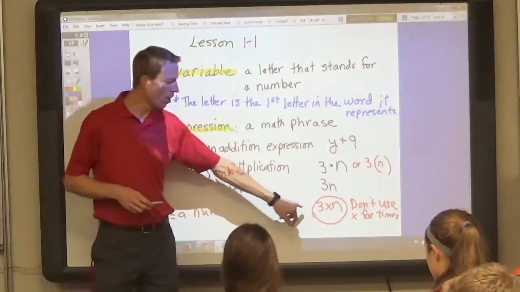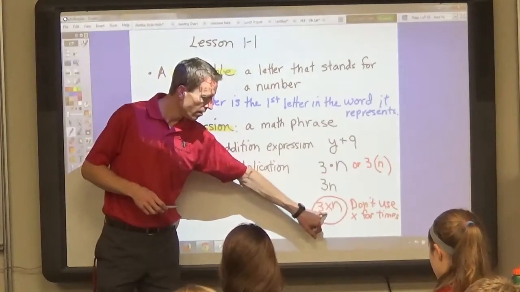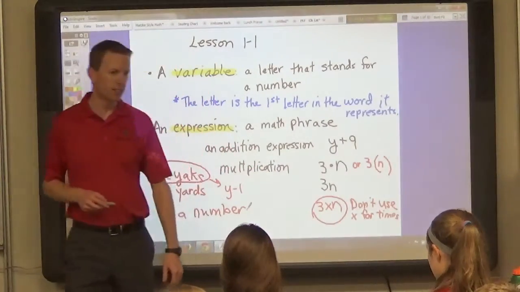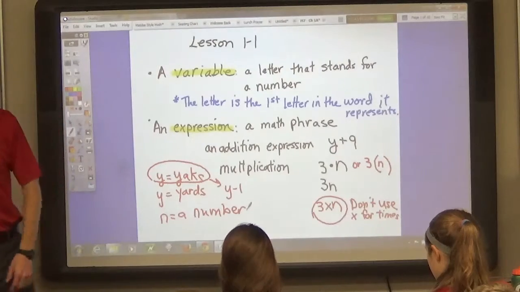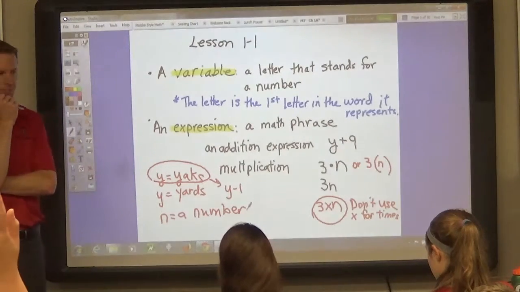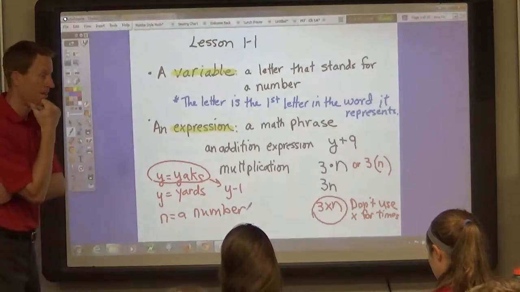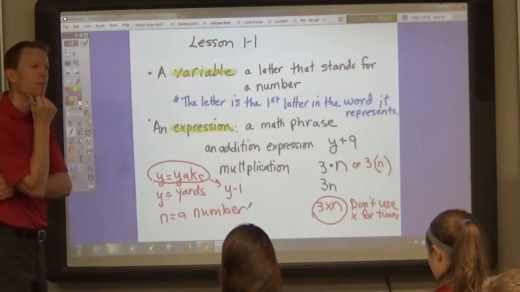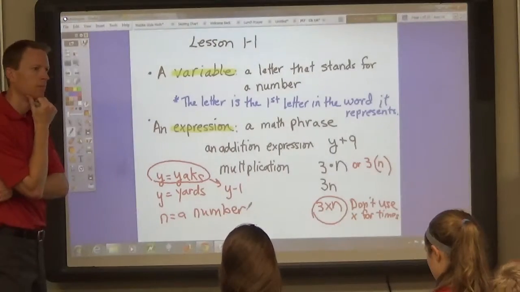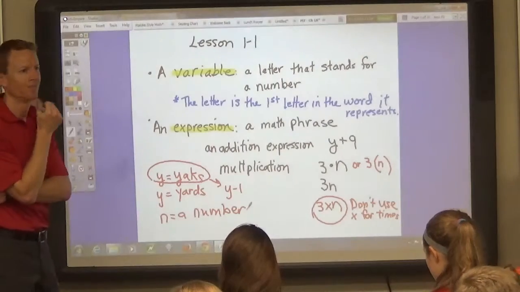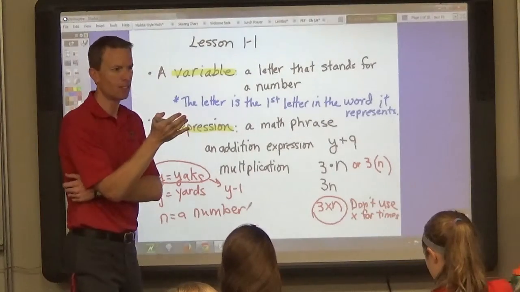Now, why wouldn't you want to write 3 times n with the x for times? Because then it would look like 3 times x times n. Exactly, Max, good.